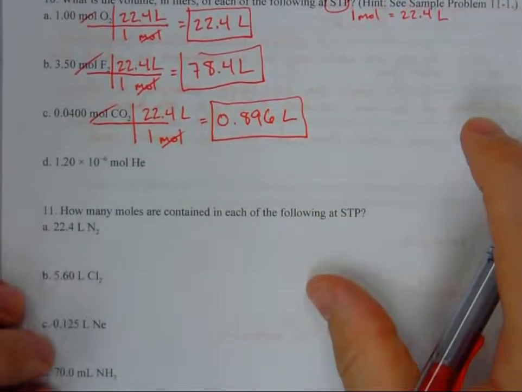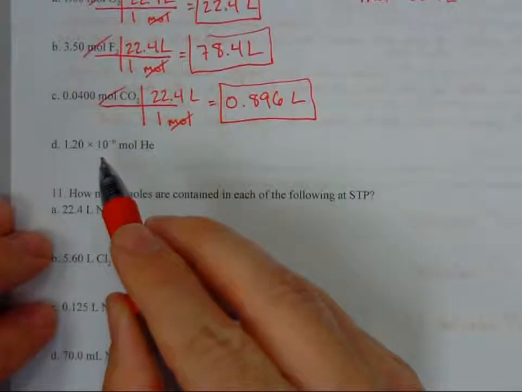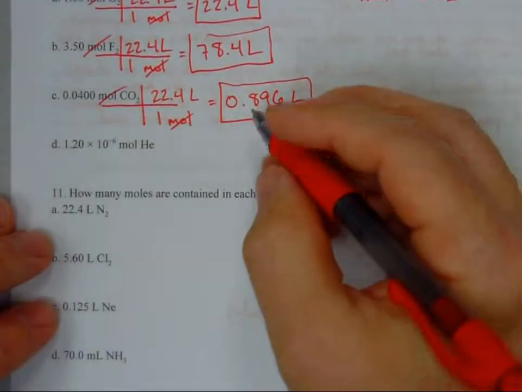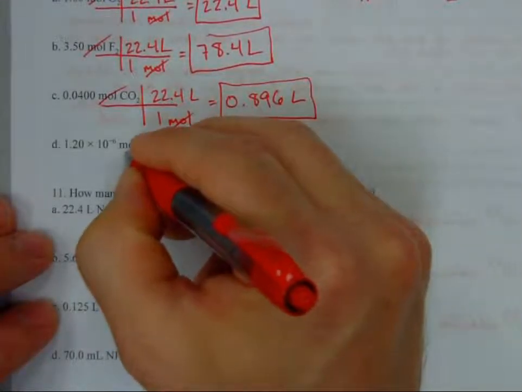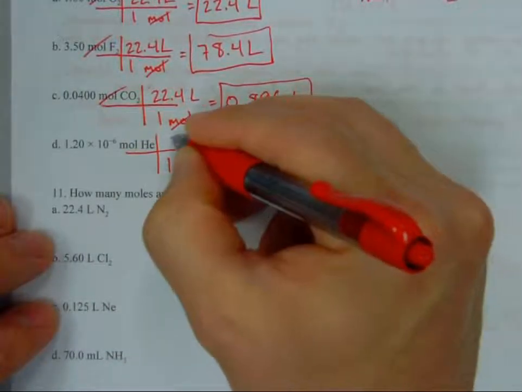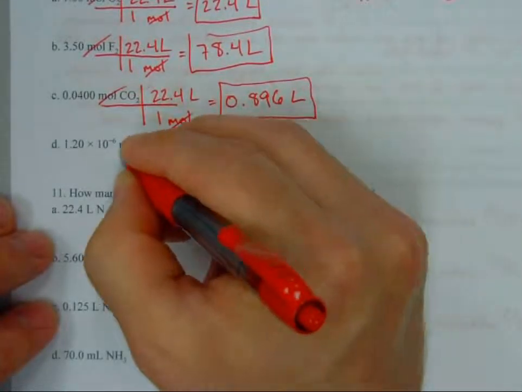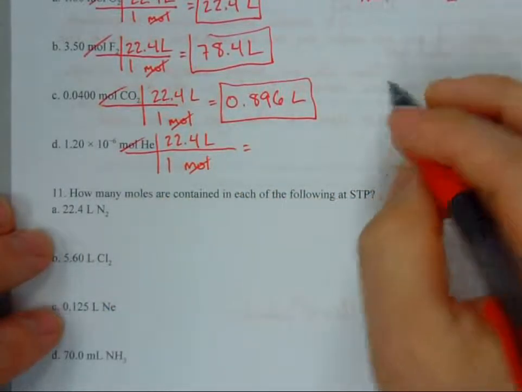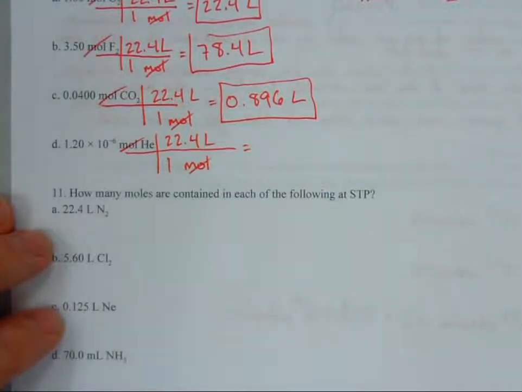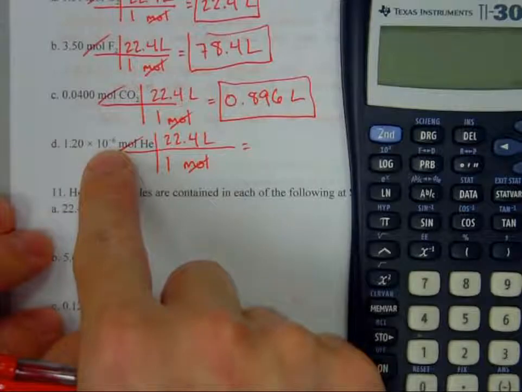1 liter right there. And lastly, we got scientific notation, and that exponent right there is going to be such a pain. No, it's not. Let's stay conceptual here. 1 mole is equal to 22.4 liters. The mole is going to go away, and when I plug this into my calculator, I'm not going to deal with this times 10 to the negative 6.